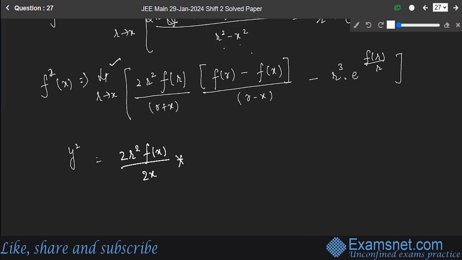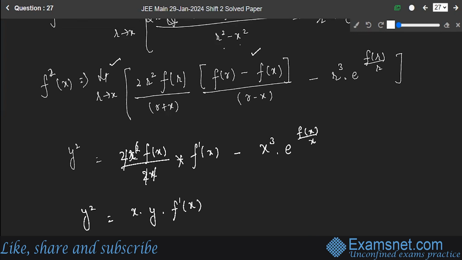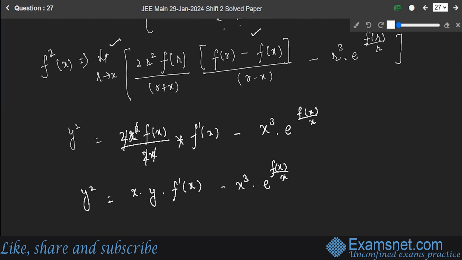Limit r approaching x, this whole thing will give you f dash x minus this will be x cube into e power f of x upon x. So you have y square is equal to, this will cancel with this. Here ours was supposed to be x. So this will be x into fx is y into f dash x minus x cube into e power fx upon x.